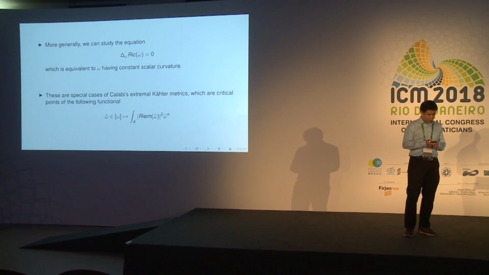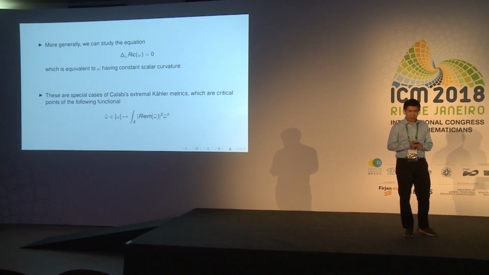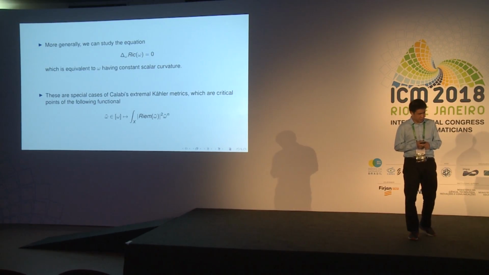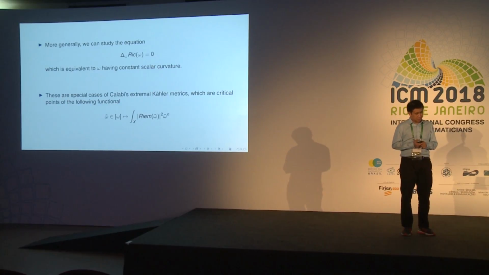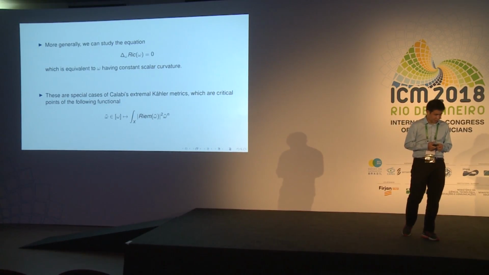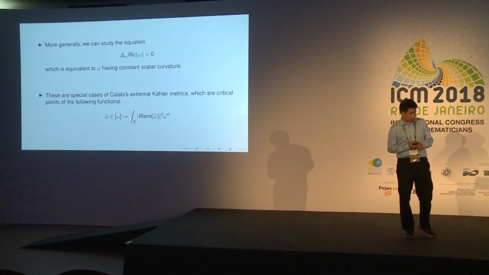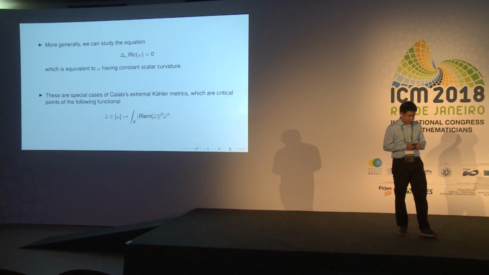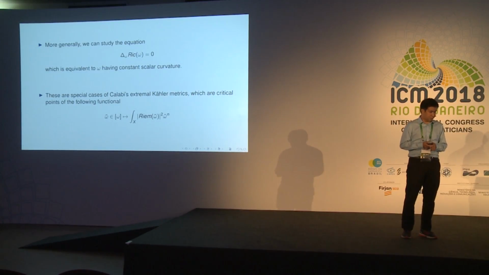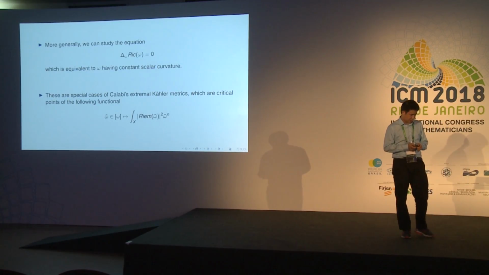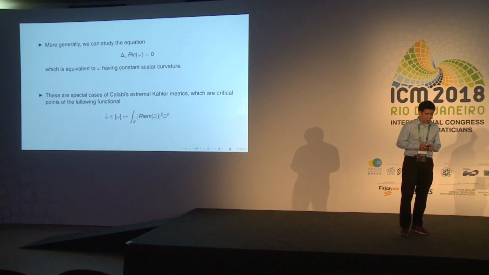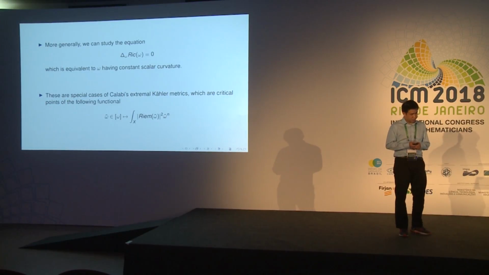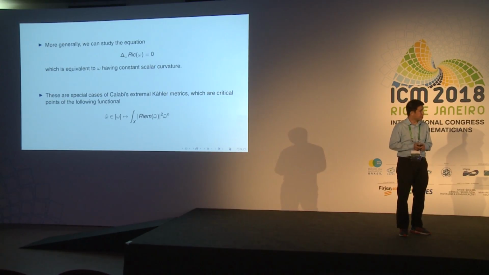More generally, one can study Calabi's extremal Kähler metrics. These are defined in terms of variation of a natural functional, the L2 norm of the Riemannian curvature function in the fixed Kähler class. Our main focus in this talk will be Kähler-Einstein metrics, and the constant scalar curvature metrics and extremal Kähler metrics will be important in the future, I believe.